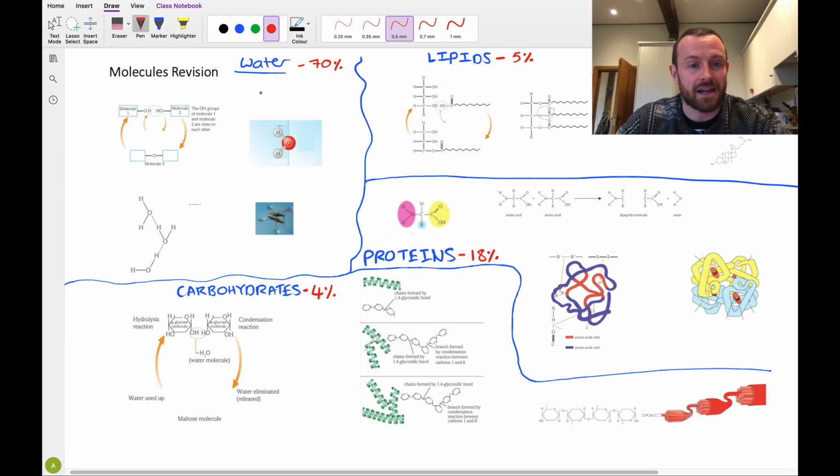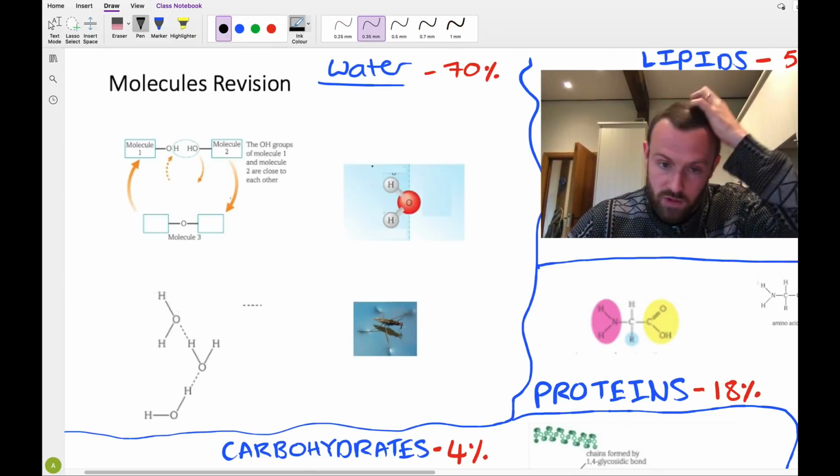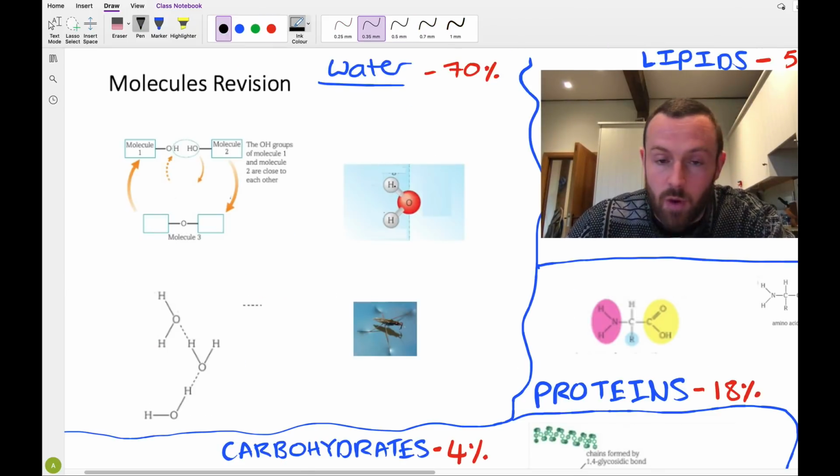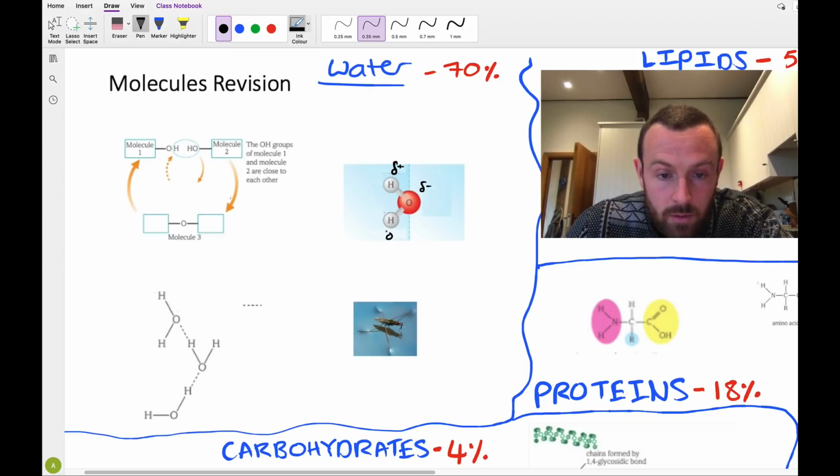Okay, so let's now zoom in and talk about water in a little bit more detail. First thing you need to know about water is that it's H2O, of course, and that it is a polar molecule. So when we label a water molecule, we label it with the symbols delta plus and delta minus.